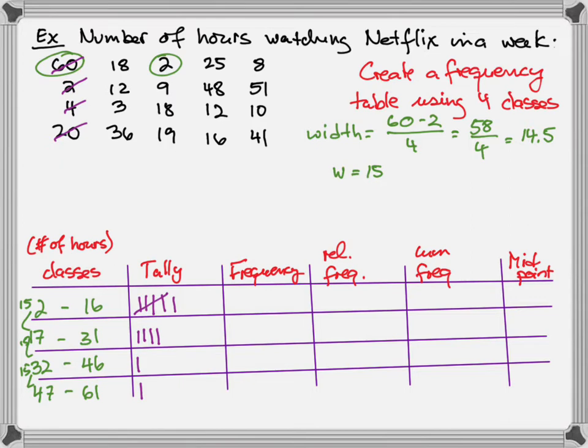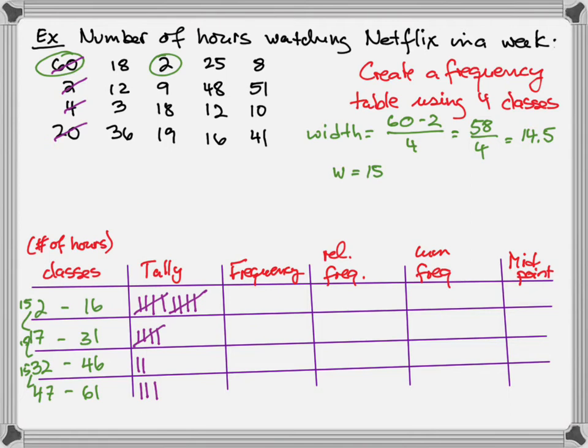And again, these represent the hours. So 19 hours falls into the 17 to 31 hour class. 25 as well, 48 into the last one, 12, 16, 8, 51, 10, so there's another one here, 5, and 41 into the third class.